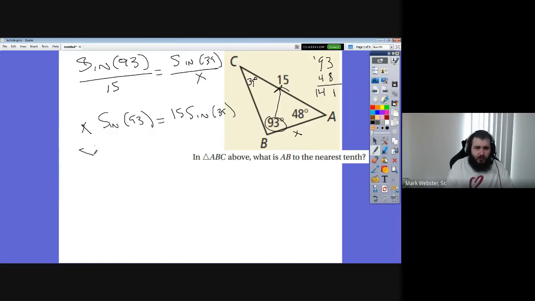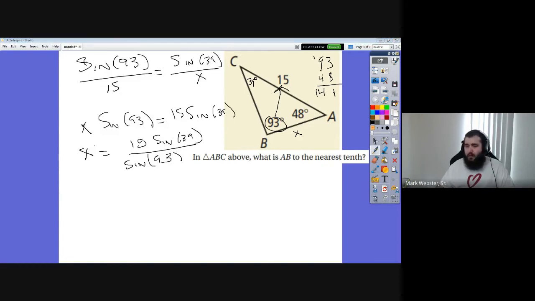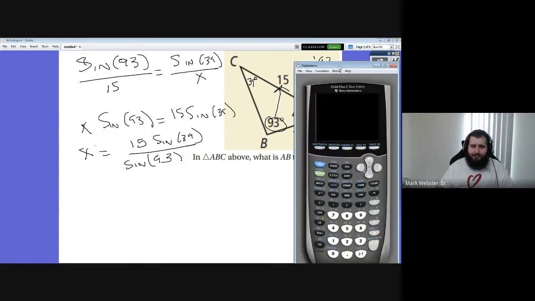And divide that over. And now it's ready to go in the calculator. I've done all the work I can by hand. This is calculator time now.